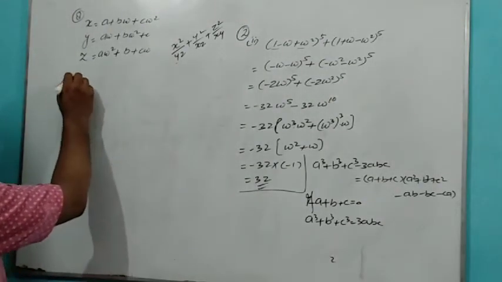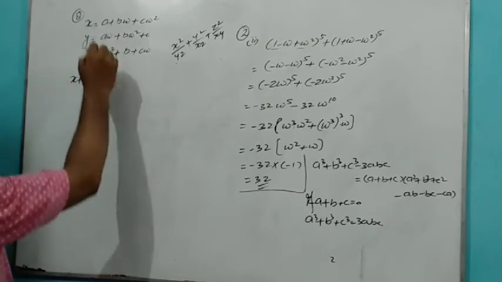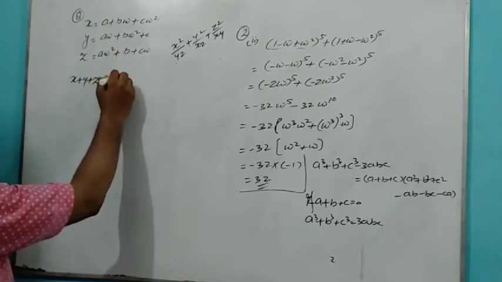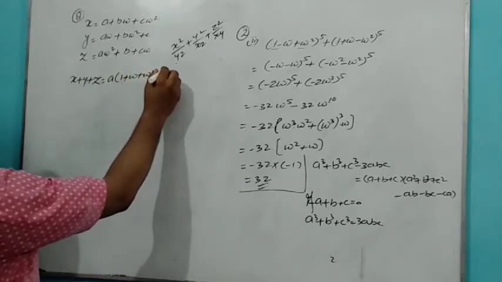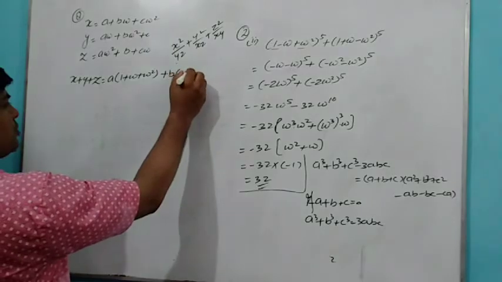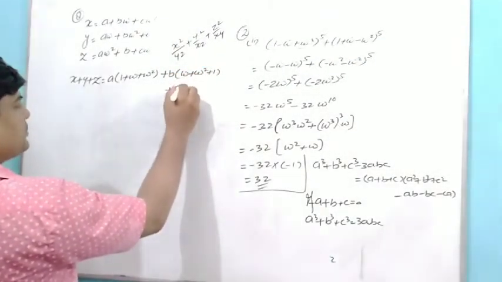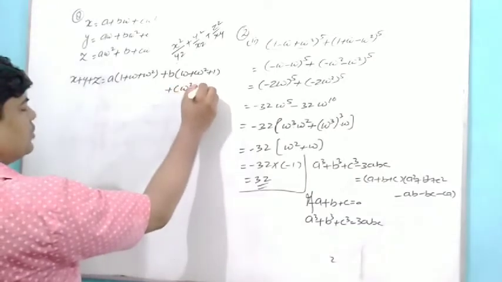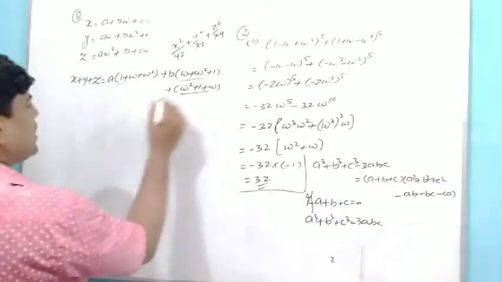If I write x plus y plus z, I collect the coefficient of a in all these terms: 1 plus omega plus omega square. The coefficient of b is omega plus omega square plus 1. And the coefficient of c is omega square plus 1 plus omega. If you can see, all these brackets are 0.